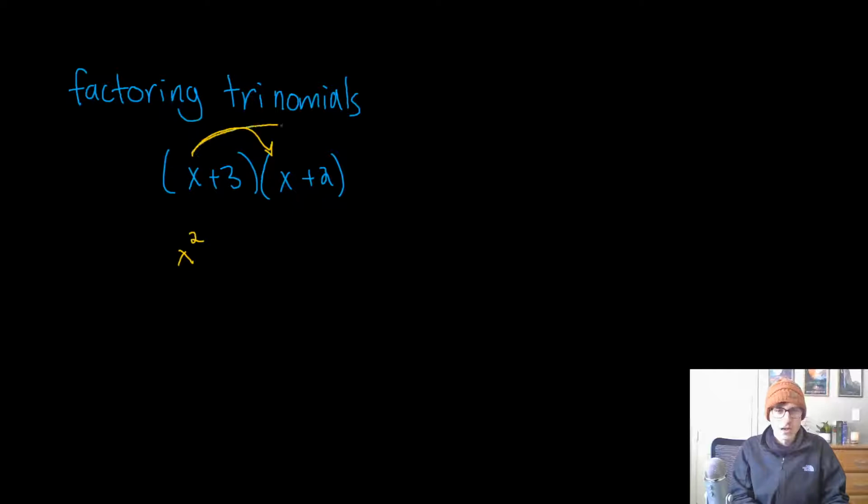We need to multiply 3 times x, so we get 3x. We multiply x times 2 and we get 2x, and then we multiply 3 times 2 and we get 6. So then the answer would be x squared plus 5x plus 6.